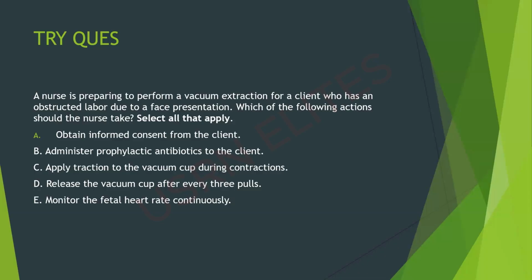Once the mother is pushing, you apply for the third time, and you stop. So that's why it says release the vacuum cap from the head of the fetus after every 3 pulls. So once you do 1, 2, 3, then you have to release the cap.